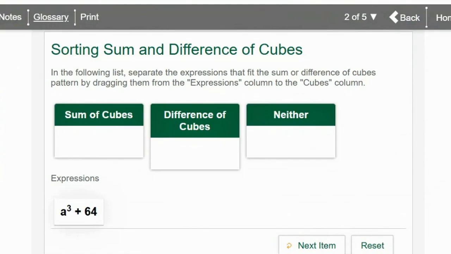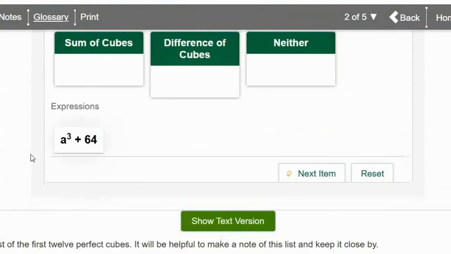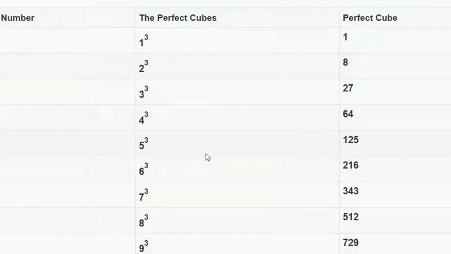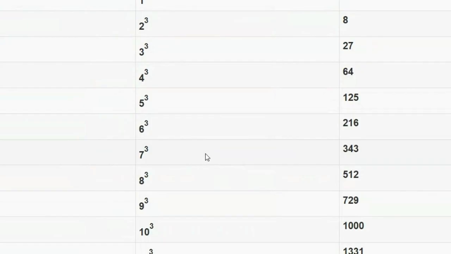What do you think? The thing you got to figure out is, is 64 a perfect cube? Well, I'll show you a little cheat thing you got in Buzz. They show us the first 12 perfect cubes right down at the bottom of this page.